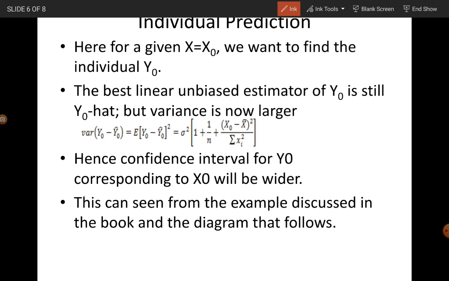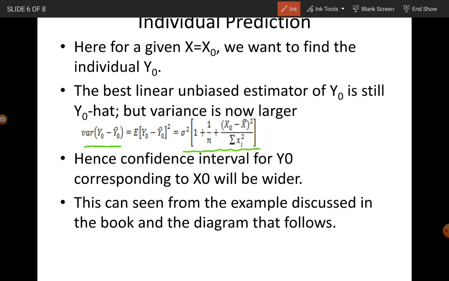The variance that we want when we are talking about individual prediction is the variance of y naught minus y naught hat, that is, the actually observed y naught minus the estimated y naught hat. And this is the formula for variance. If you notice, the variance in the case of mean prediction was only 1 by n plus x naught minus x bar whole square divided by summation xi square.